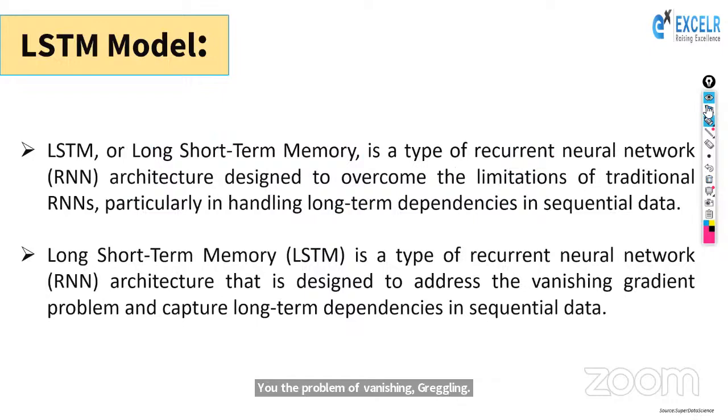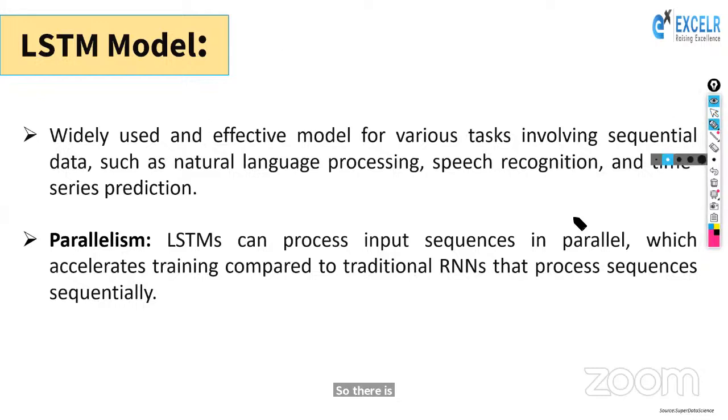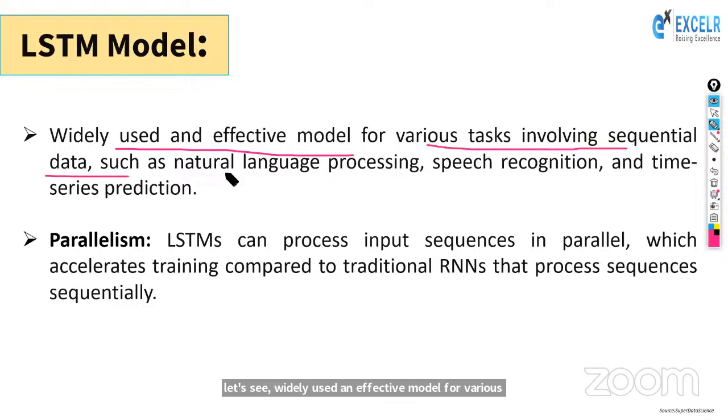This problem is overcome by the LSTM model, right? There is another advantage of using the LSTM model. It is a widely used and effective model for various tasks involving sequential data, such as natural language processing, meaning you can analyze text data with this LSTM model.